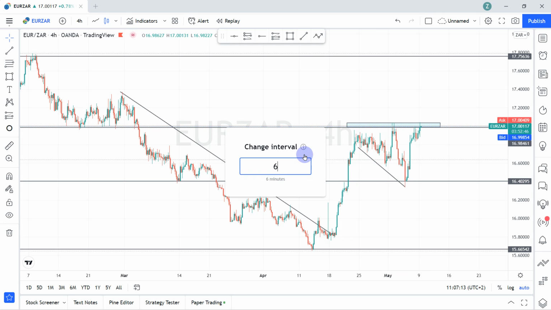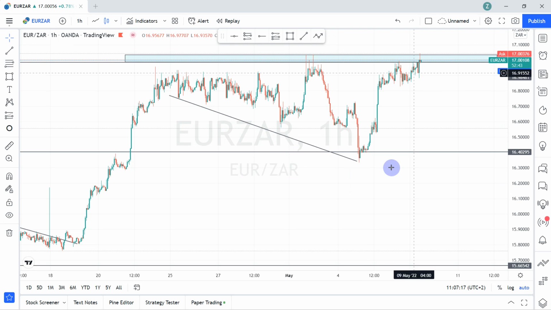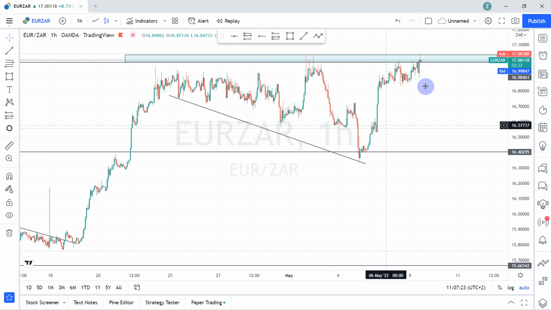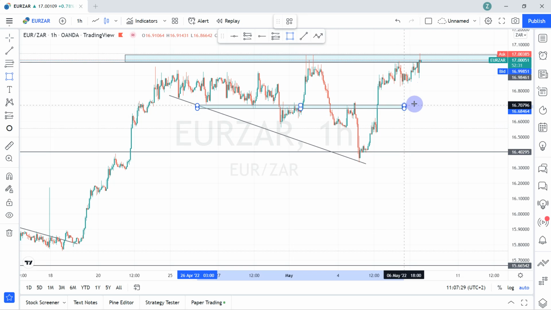So moving on to the hourly time frame, this is our setup. This is our trend, our hourly time frame setup. So there's also a key level that I want to cater for, which means a zone that I want to cater for.